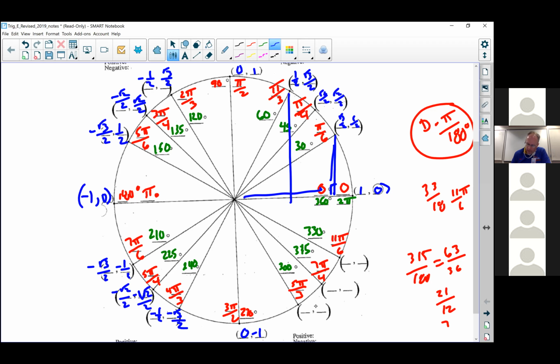And then down here, this is going to be positive 1/2, and then negative root 3 over 2, root 2 over 2, negative root 2 over 2. And then this one, you would have root 3 over 2, negative 1/2.